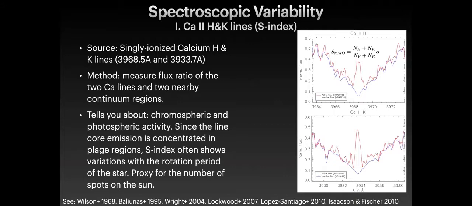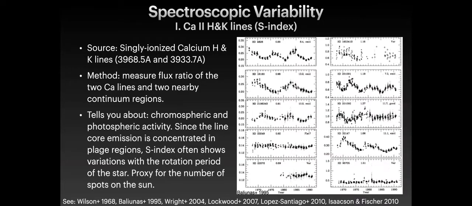For the inactive star that's plotted in blue, you can see that these form kind of a traditional absorption triangle. But then for the active star that's shown in red, you can see that the very core of each line starts to show signs of emission. So it peaks up above where the natural absorption profile would be. By measuring the level of flux within these line cores as compared to some nearby continuum regions over time, we can then measure the star's activity level and look for signs of periodic variations.